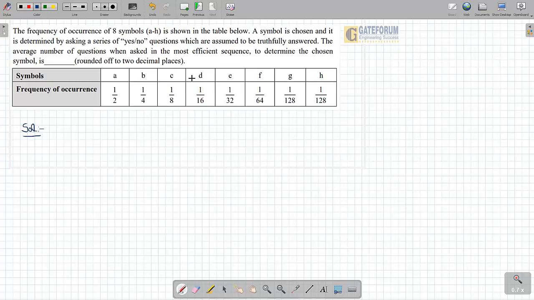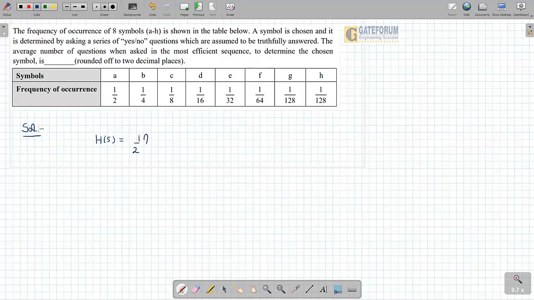Actually, it is indirectly asking the minimum number of bits required to encode the given source. Now the source contains 8 symbols, and the symbol probabilities are given. That means you have to find nothing but the entropy. The most efficient way of source encoding is entropy, so the entropy of the source will give me that answer. So I can write simply H(S) as the sum of the probability of occurrence of each symbol times log 2 of 1 over its probability.